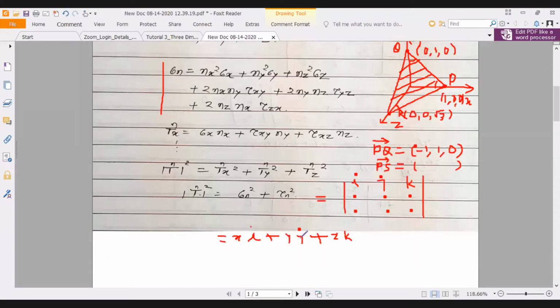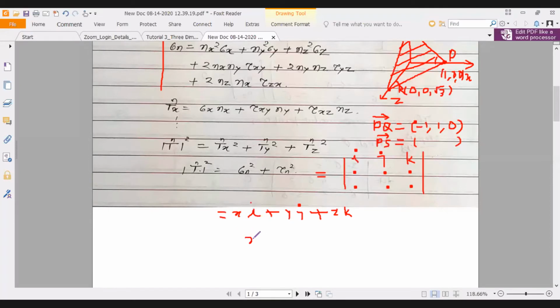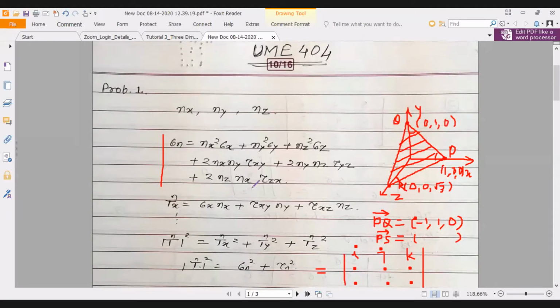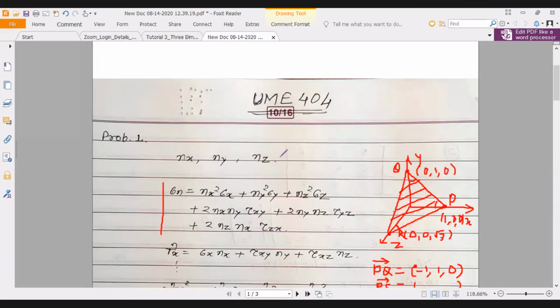Then the direction cosines are given by nx equal to x divided by the magnitude of this vector, that is root of x square plus y square plus z square. In the same way, ny is y divided by this magnitude, and nz is z divided by this magnitude.